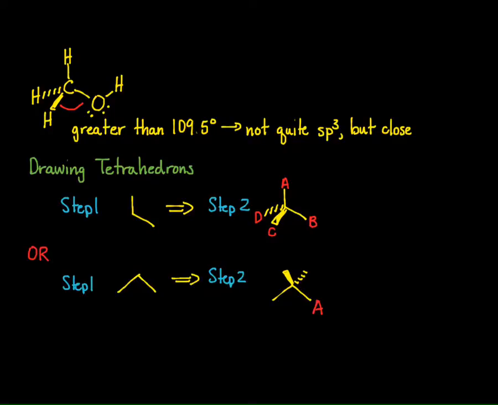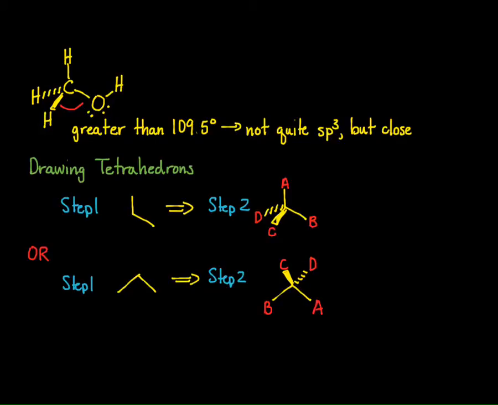So if I say that A is in the lower right-hand corner and B is in the lower left-hand corner, what have I done? Well, relative to the structure above, I have simply rotated that molecule about 60 degrees or so. Well, what does that mean? That means that C is still coming out at me and D is going behind me. So these two structures are actually equivalent with one another.